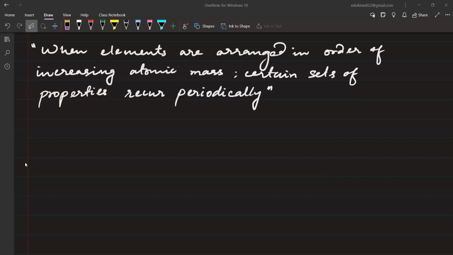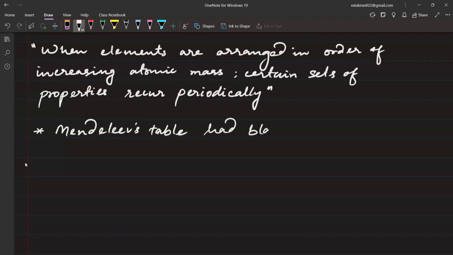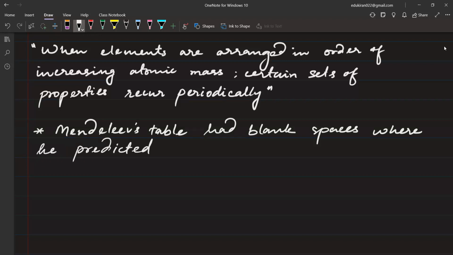So please write. Next, a point here is that Mendeleev's table had blank spaces where he predicted the unknown elements.